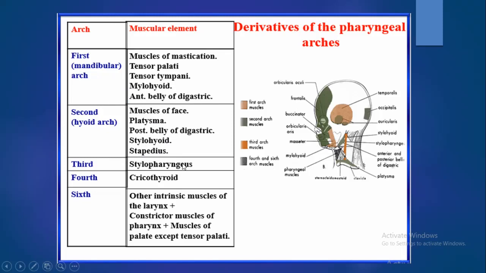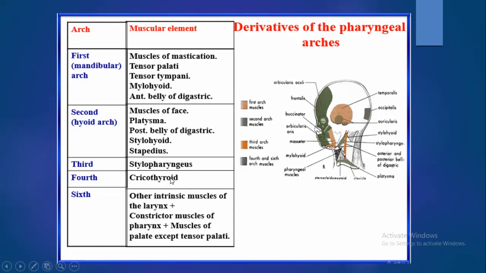The third arch gives the stylopharyngeus muscle, which is supplied by the glossopharyngeal nerve. The fourth is supplied by the external laryngeal nerve, which supplies the cricothyroid muscle.